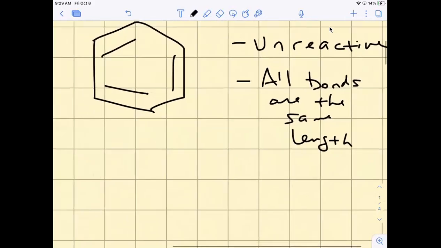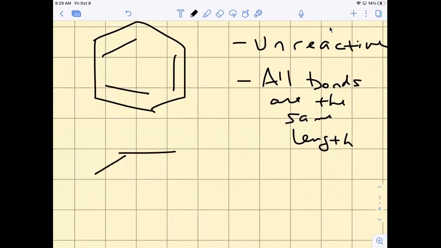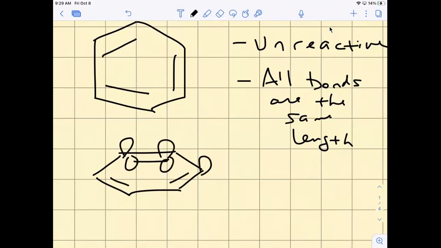All right. And then if you look at it from an orbital perspective, this is what really makes it special, is the fact that there is a p orbital on every carbon. Right, so we put the p orbitals in. Right, on benzene, it is. What does that mean when we say that there's a p orbital on every carbon? That it's conjugated?